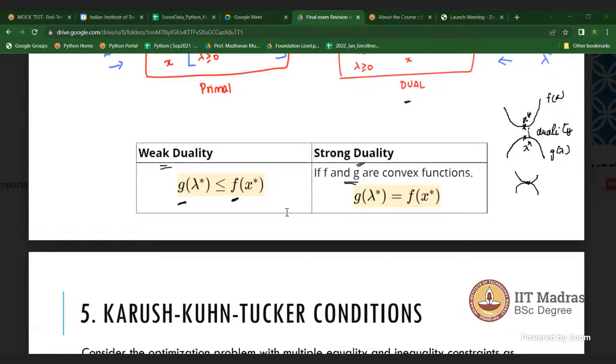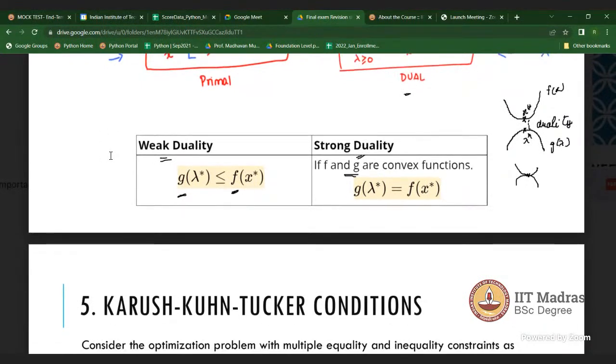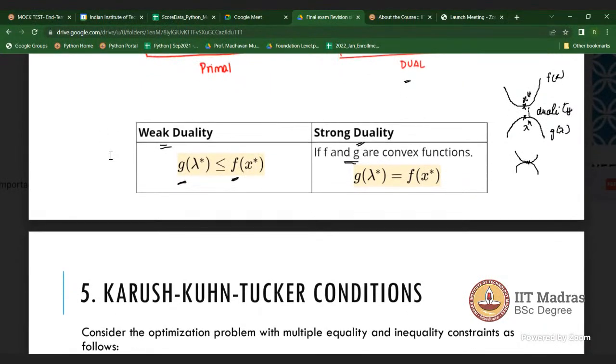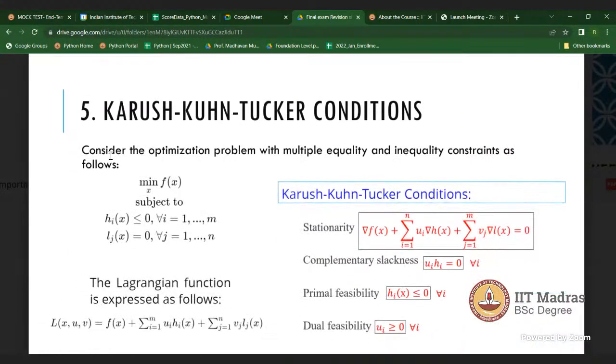And in strong duality, the solution will be the same as the original problem. Can we compare it to the projection problem? Since we could not solve the matrix problem directly, we opted for projection. Is it similar to that? Yeah, it is kind of similar. Since we are not able to solve it directly, we are using an indirect way to solve it. Okay, Sir.